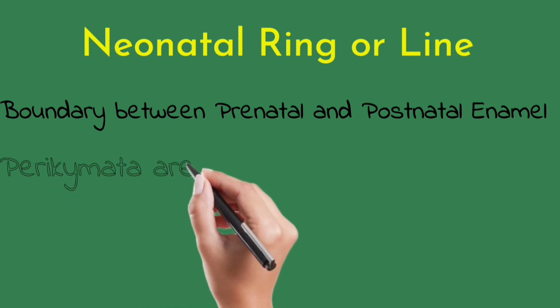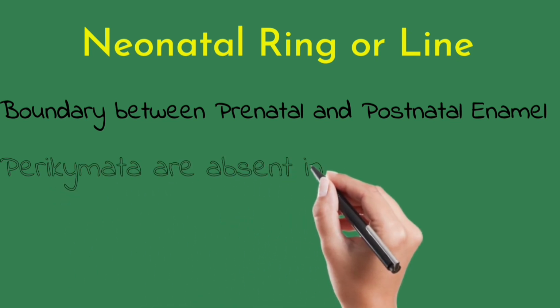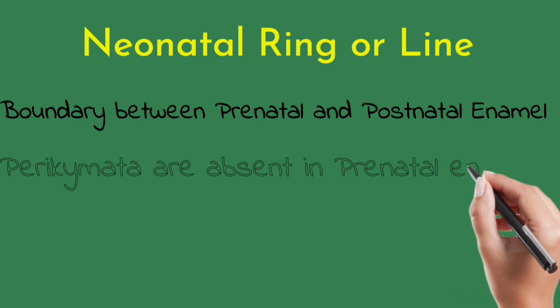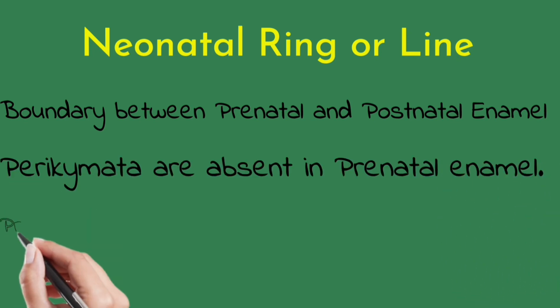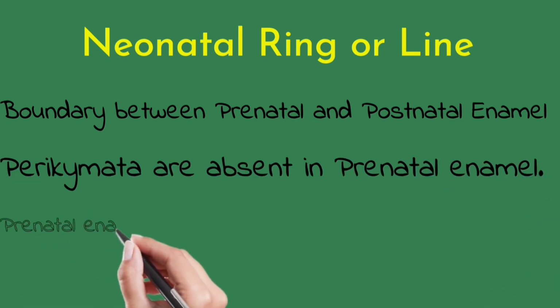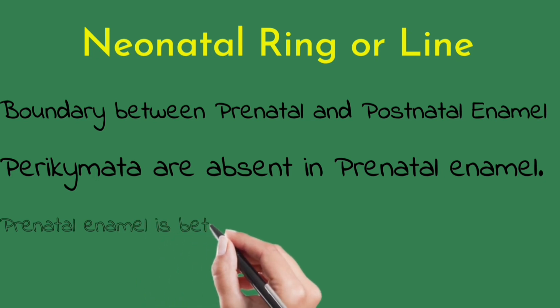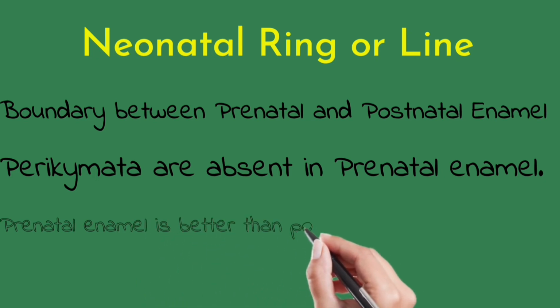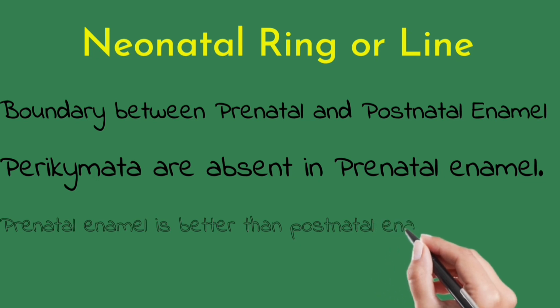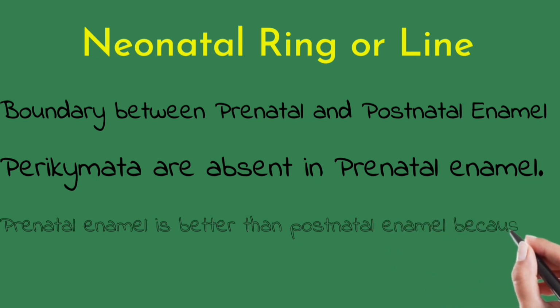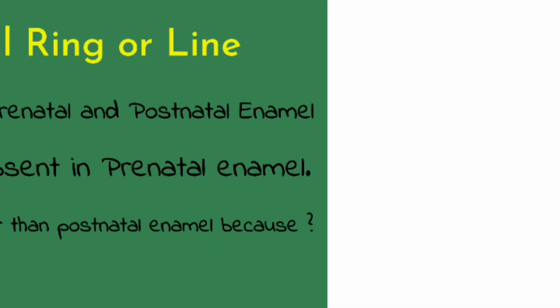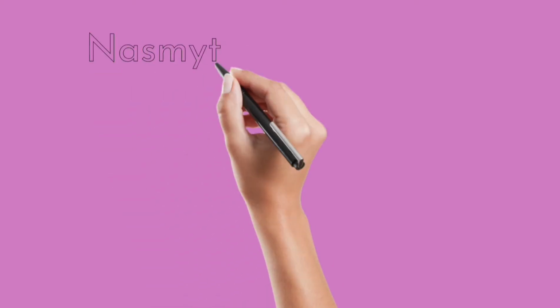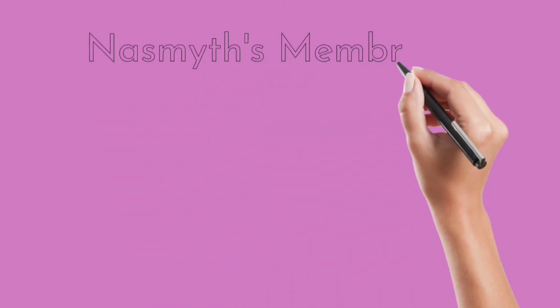We also need to know that perikymata, we have already learned perikymata, are absent in prenatal enamel but are present in postnatal enamel. Also, prenatal enamel is better than the postnatal enamel because it is developed in a protective environment and with better supply of nutrients. So you know that a protective environment and better supply of nutrients makes it better.